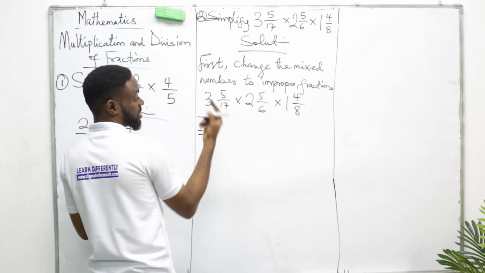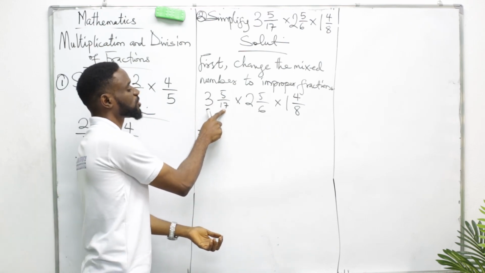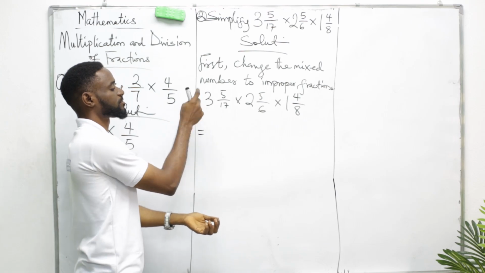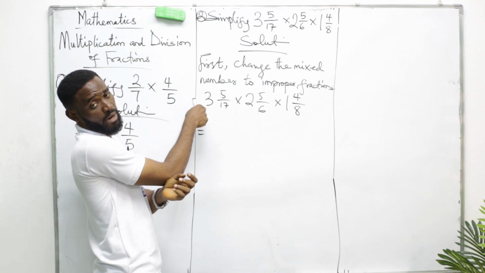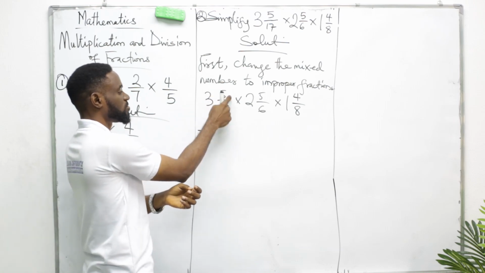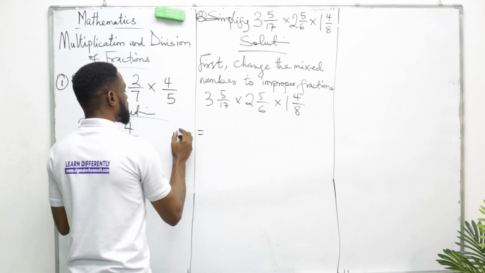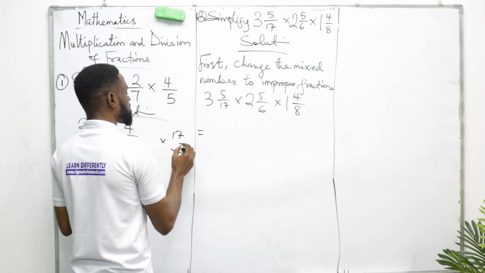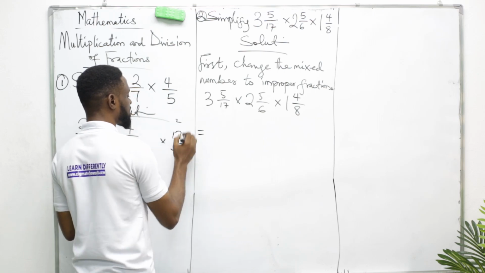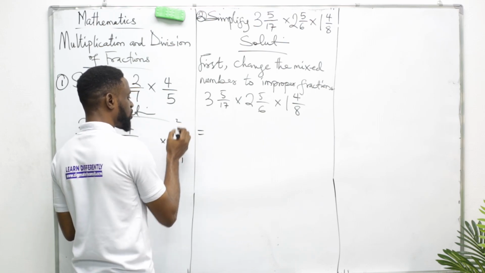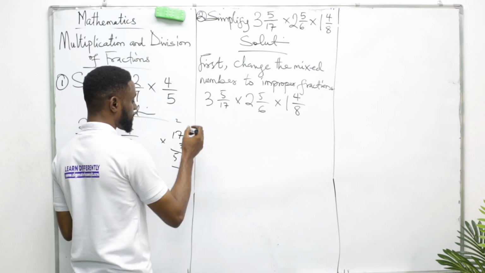So 17 times 3, to change to improper fraction is this denominator multiply the, what is it called? The whole number, then you add it with this. Okay? So 17 times 3, 3 times 7 is 21. So write down 1, carry 2. 3 times 1 is 3 plus this is 5. So it's 51. Is that okay now?